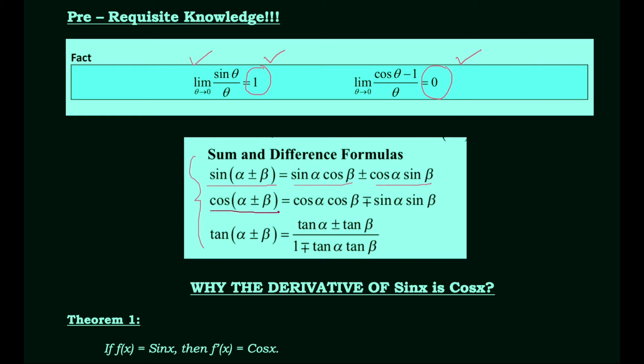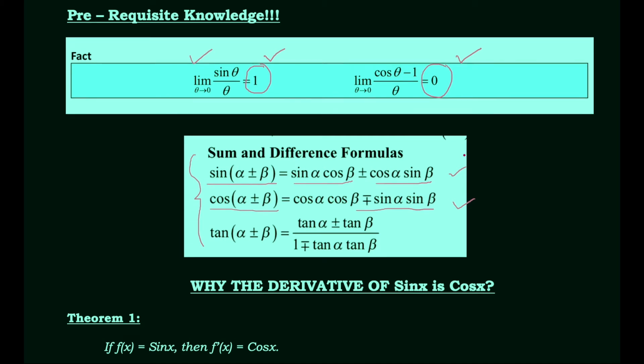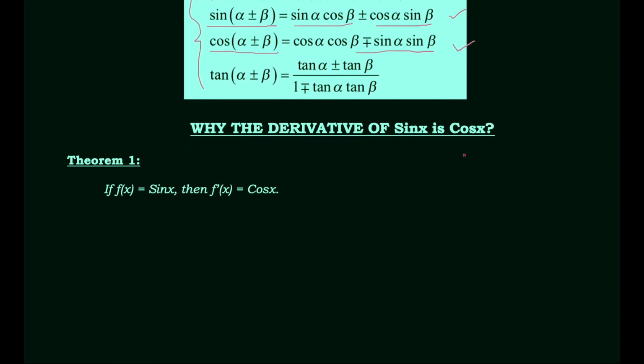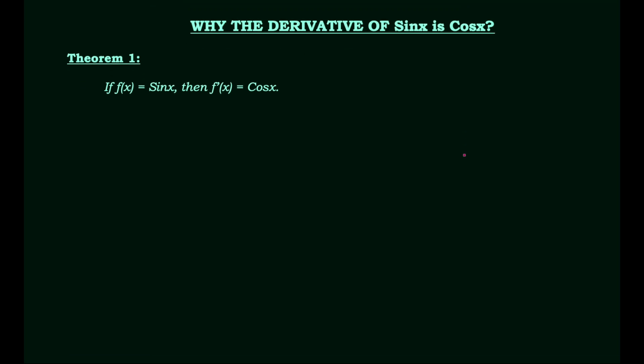And for cosine, this is equal to cosine A cosine B, plus or minus sine A sine B. So these four basic ideas that you have learned in your previous subject during your high school days, maybe in your senior high or other subjects, we'll be using in the proof of this derivative of sine x.